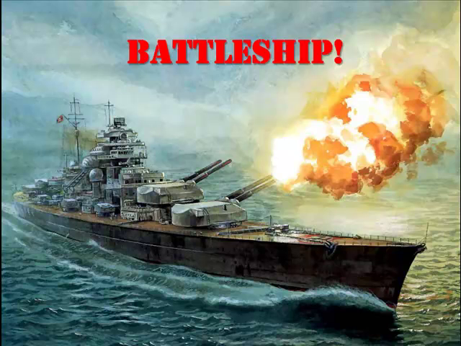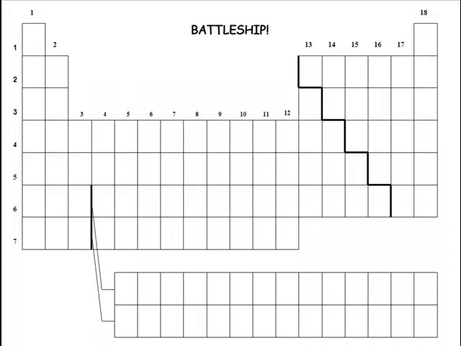Battleship board. There are 2 boards here. For Battleship, this here is our oceans. That's a very oddly shaped. Yes, there is a slight land bridge in between the 2 small oceans.